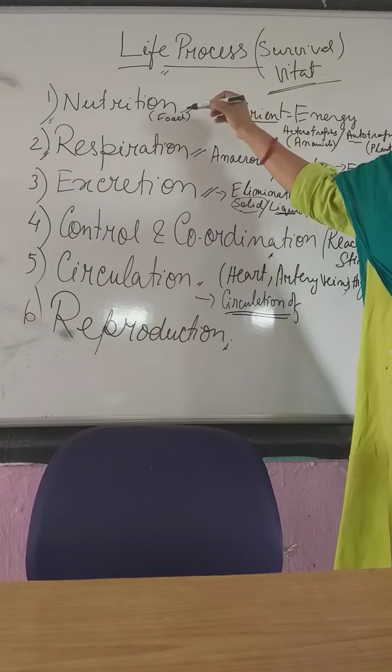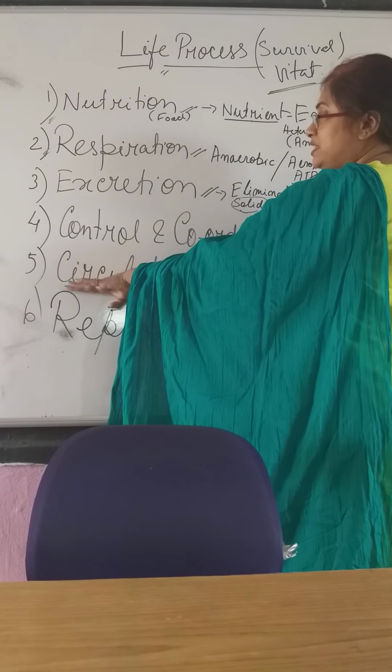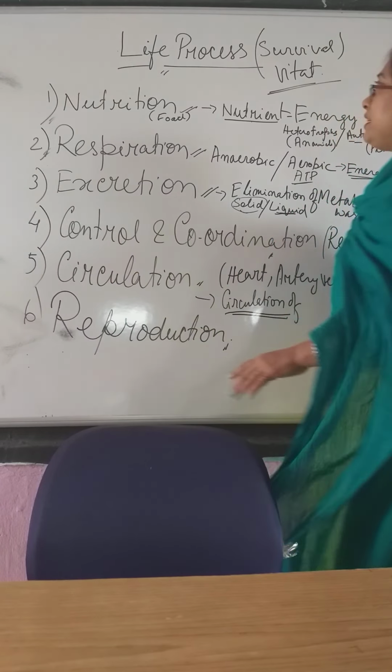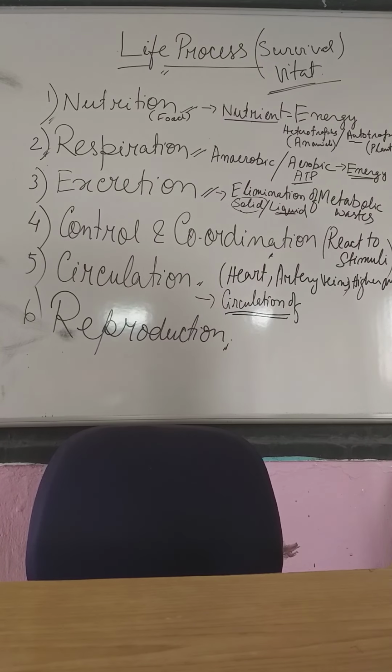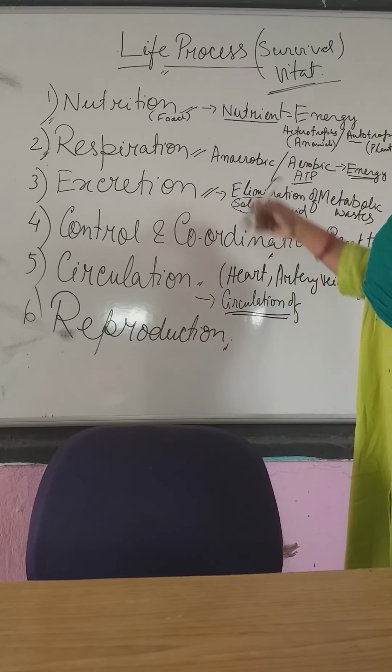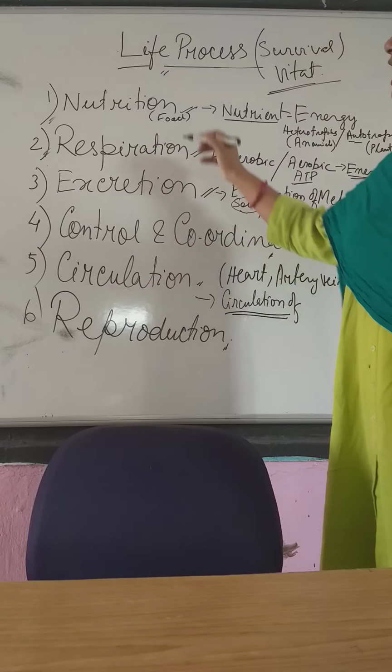Then finally, it is the reproductive system. If the reproductive system is eliminated from these, the organism can survive. For survival, reproduction is not necessary. That means it is not essential like nutrition, respiration, excretion, but reproduction is essential for continuity.